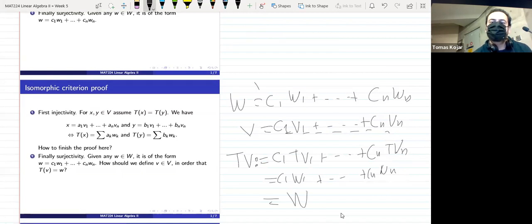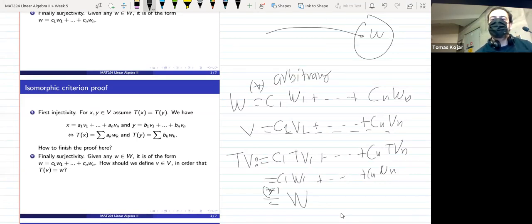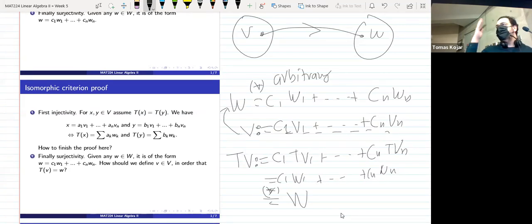Right? So you gave me an arbitrary w, and I found you some x that got mapped to it. This is how we define x so that it will get mapped to w. That's it, so that means you have surjectivity. Is that okay, Kushan?